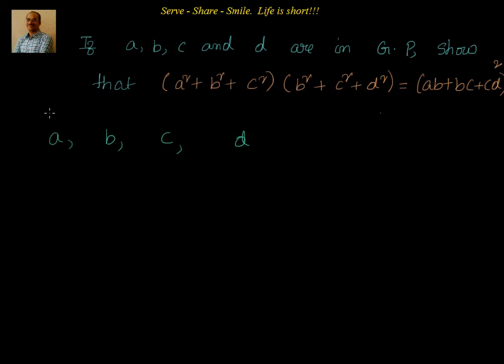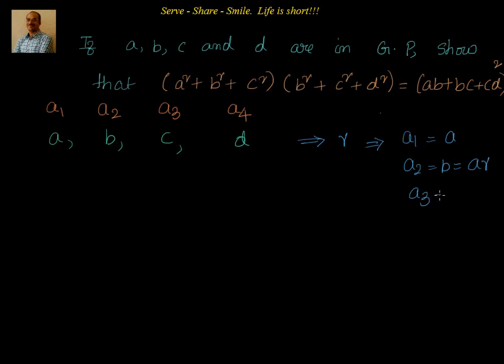Let us say a1 is the first term, a2 the second term, a3 the third term and a4 the fourth term. Let us say that the common ratio of this geometric progression is r. Then I can write a1 equal to a, a2 which is equal to b, that's equal to ar.